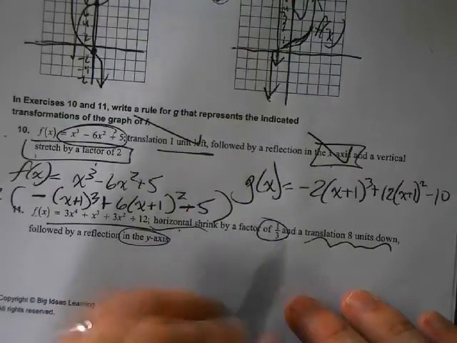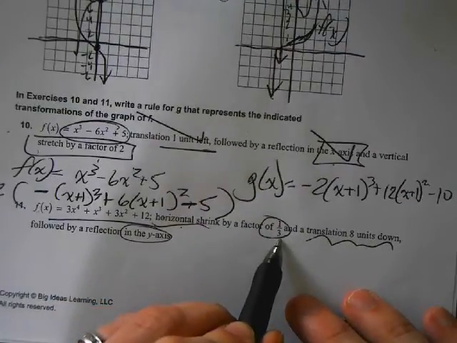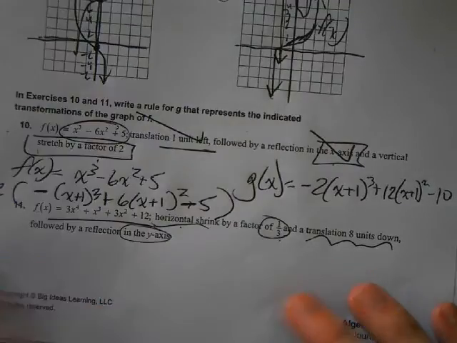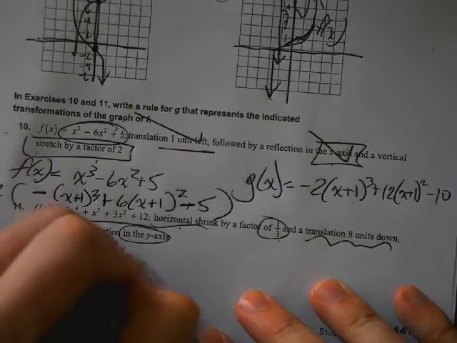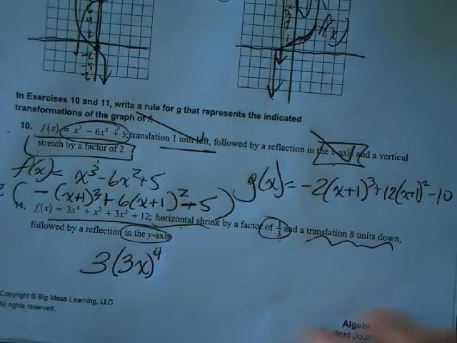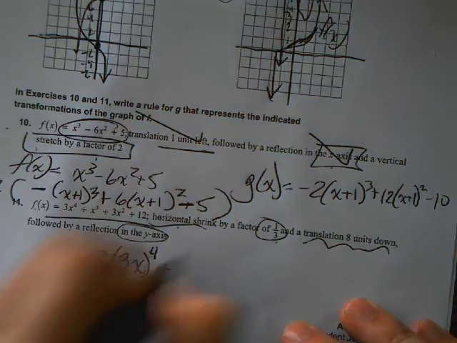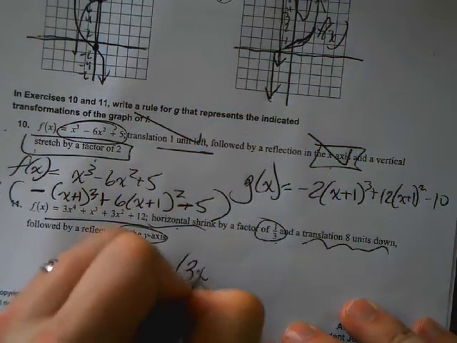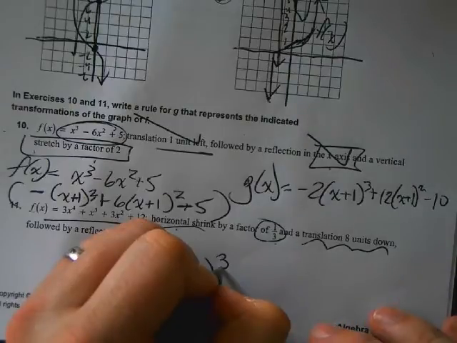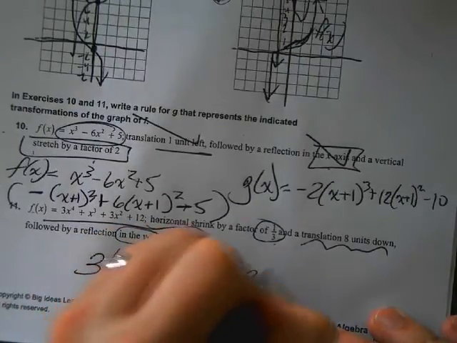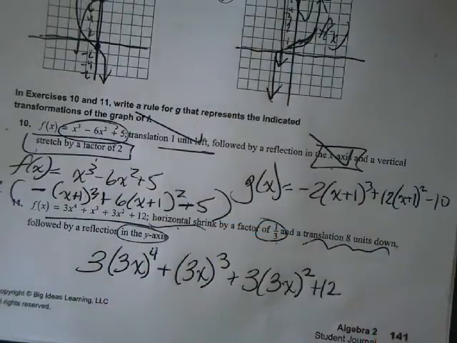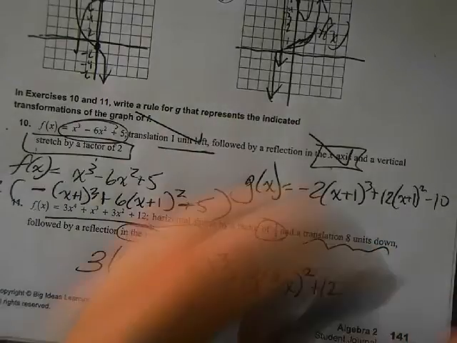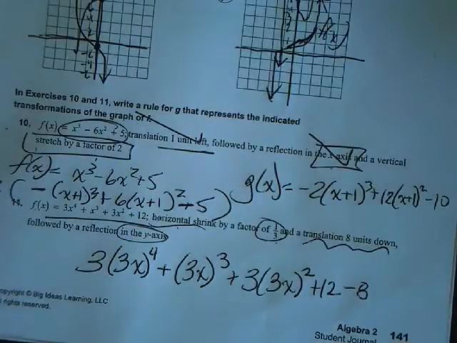So a horizontal shrink by a factor of 1/3 means that we're going to say 3 times 3x to the 4th plus 3x cubed plus 3 times 3x squared plus 12. Then we need to do a translation of 8 units down, so minus 8.